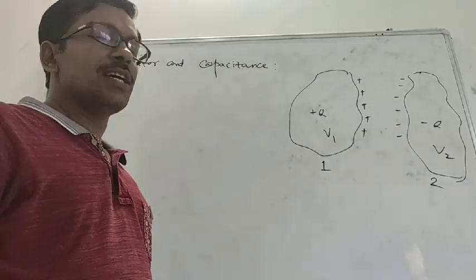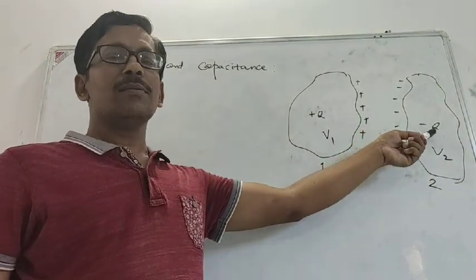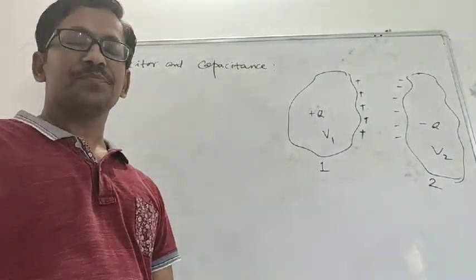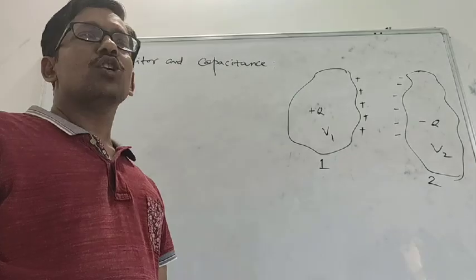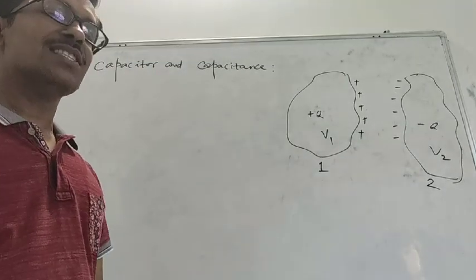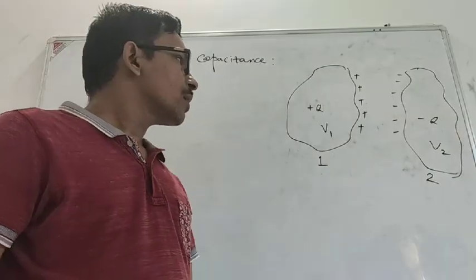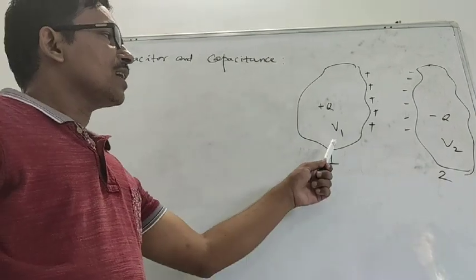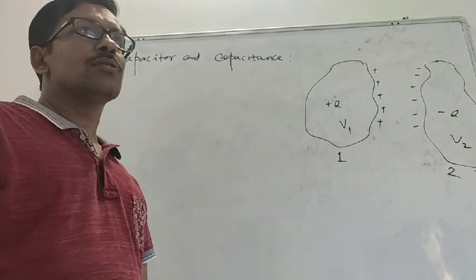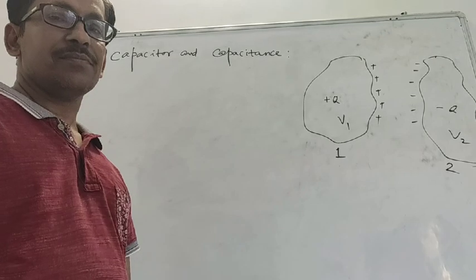Normally in practice, you will take one of the conductors having charge plus Q, the other conductor having charge minus Q. Or one conductor may be taken having some charge Q, and the other conductor may be assumed to be at infinity. Basically, the capacitor's function is to store electrical energy by storing electric charge.